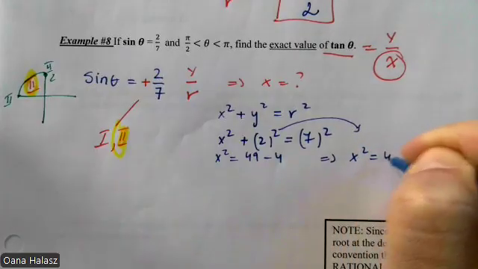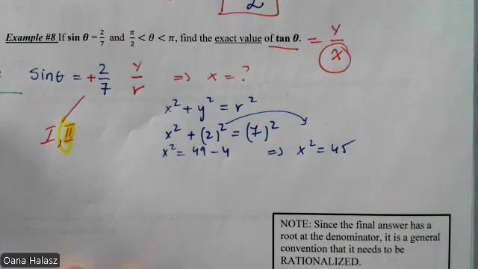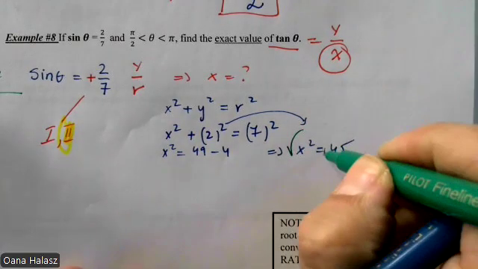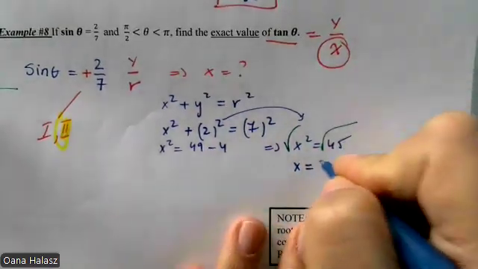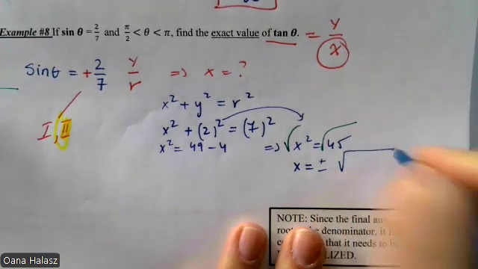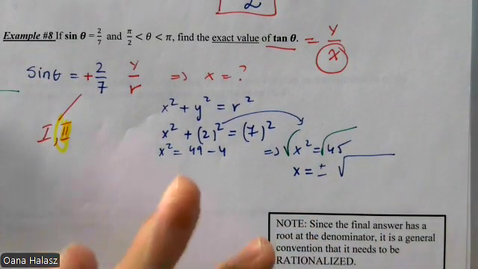X squared equals 45. Square root both sides. X equals positive, negative. Now, can we simplify that 45 into a mixed radical?